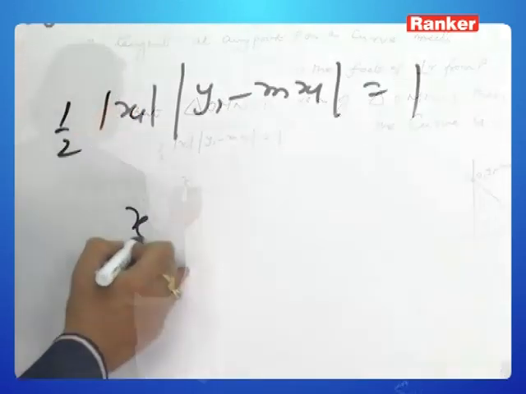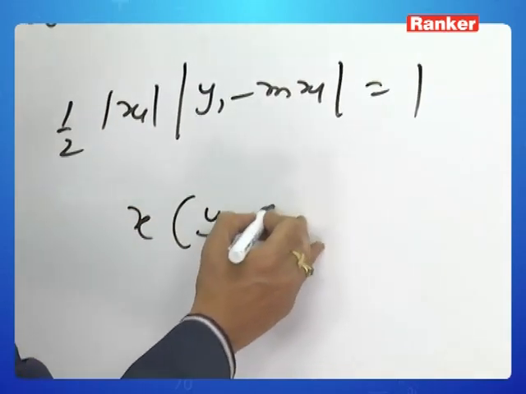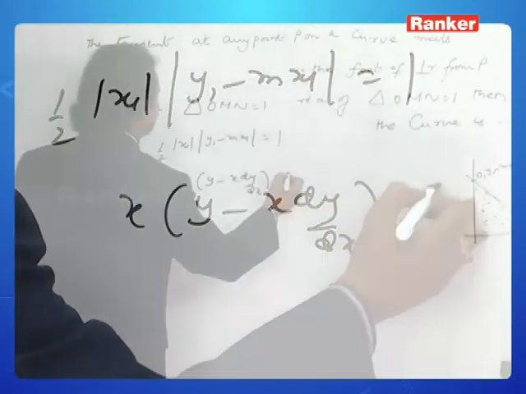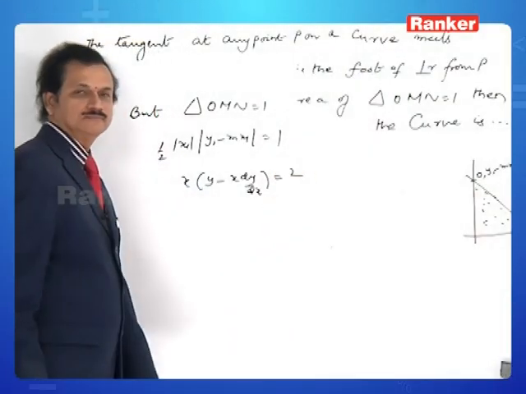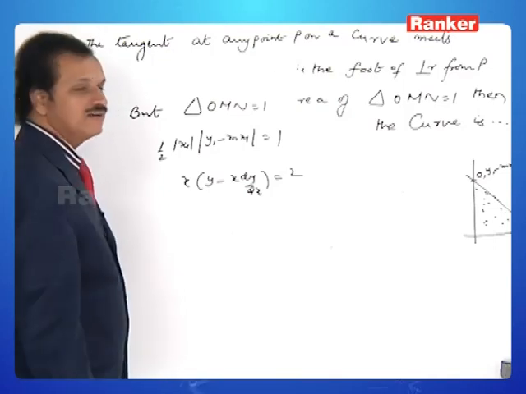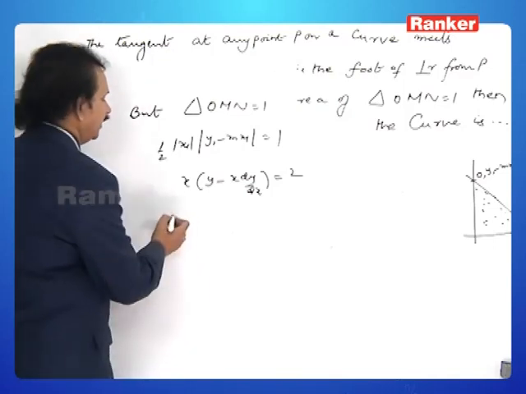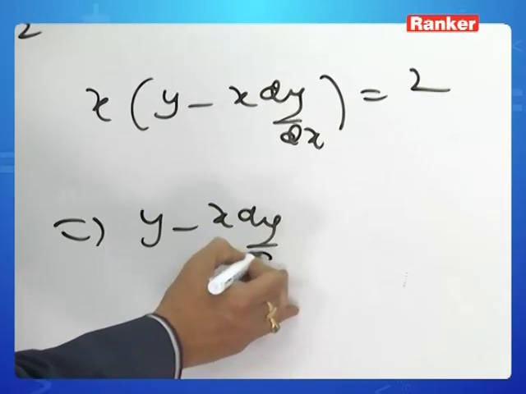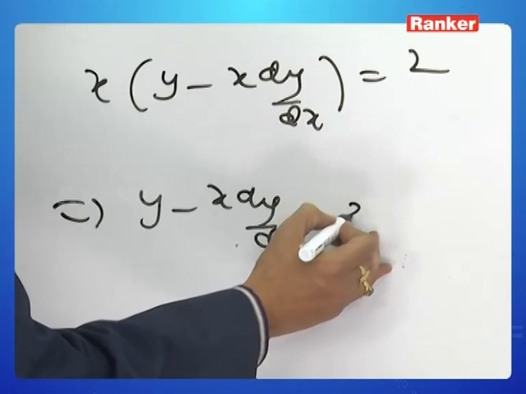Then x into (y minus x dy by dx) is equal to 2. Implies y minus x dy by dx is equal to 2 by x.